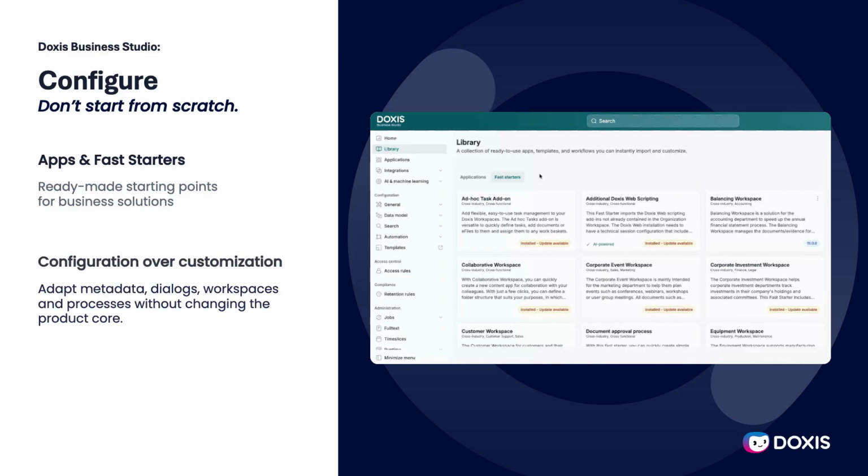Once imported, Doxis Business Studio allows us to configure and extend the solution. This can include metadata, dialogues, workspaces, relationships, and business processes. And this leads to another important Doxis principle: configuration over customization. Instead of changing the product core for every customer requirement, we configure the business solution on top of the platform.